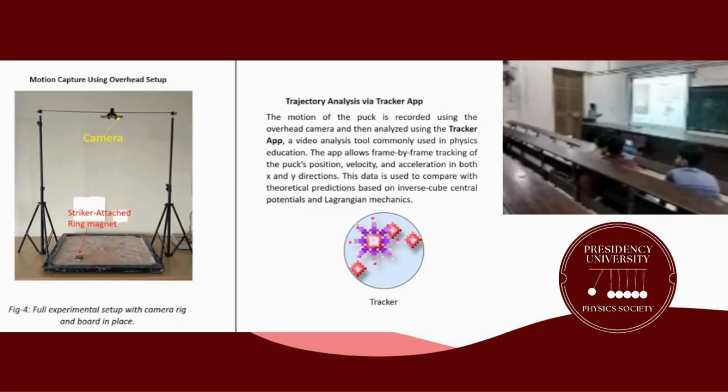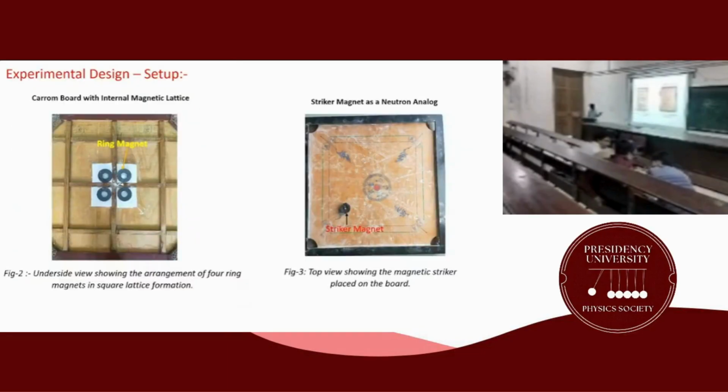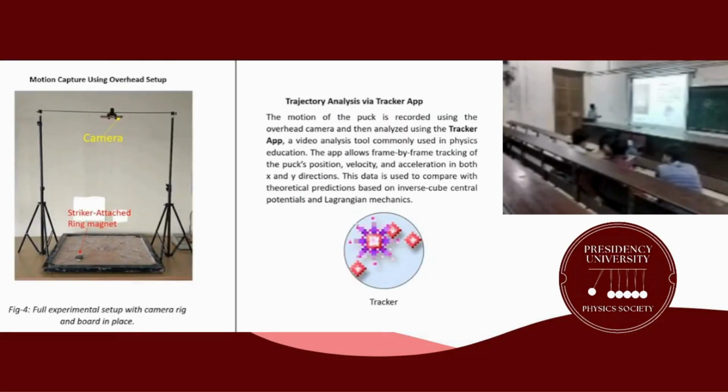And this is the whole experimental setup of my work. There is a camera, so if the neutron-like particle can move in these directions, we easily capture it. There are four types of ring magnets under this carrom board setup.